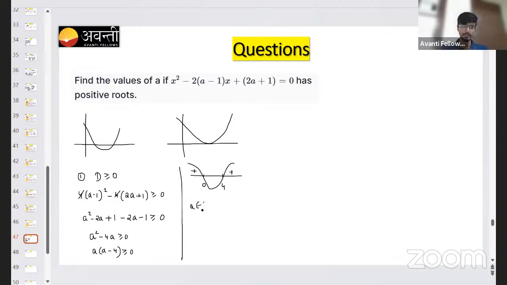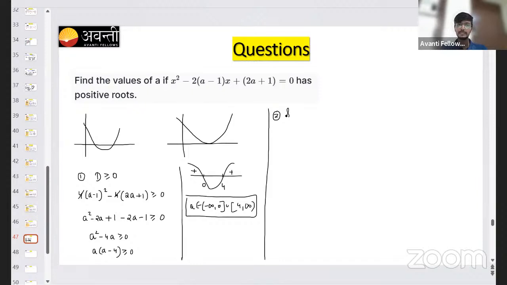So a belongs to minus infinity to 0 union 4 to infinity. ये फर्स्ट कंडीशन से आया. अभी इंपॉर्टेंट बात, सेकंड कंडीशन. सेकंड कंडीशन सम ऑफ द रूट्स. सम ऑफ द रूट्स क्या है? ग्रेटर देन 0. सो माइनस b बाय a. सम इज ग्रेटर देन 0, तो माइनस b बाय a, तो 2 into (a minus 1), a तो 1 है, ग्रेटर देन 0. 2 तो गया, a is greater than 1. The third condition, which is functional value at 0.